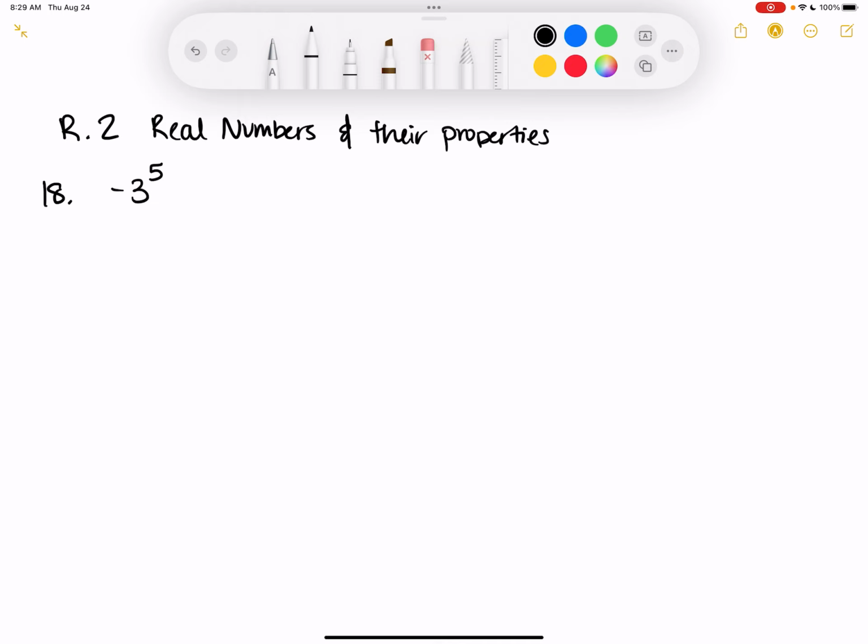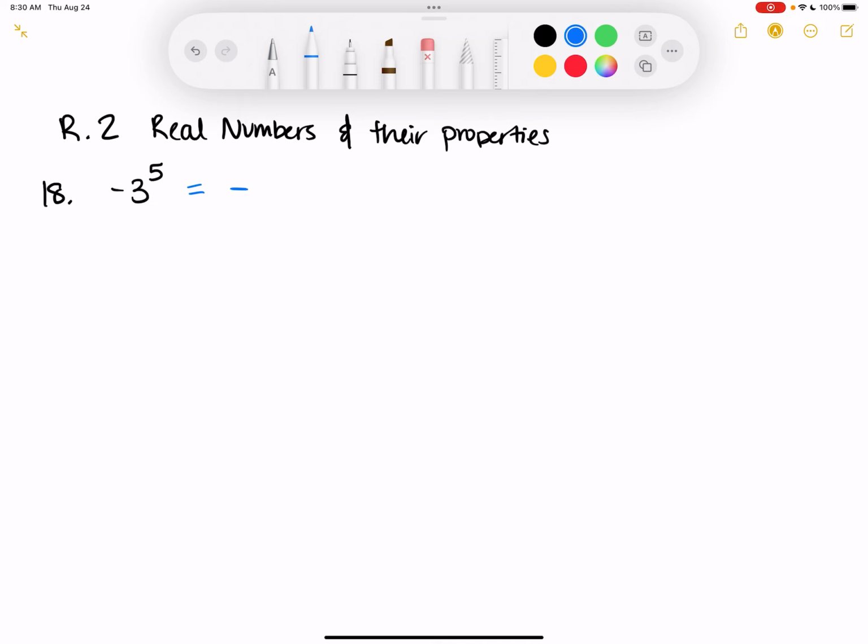Does anyone know what that is off the top of their head? Yep.